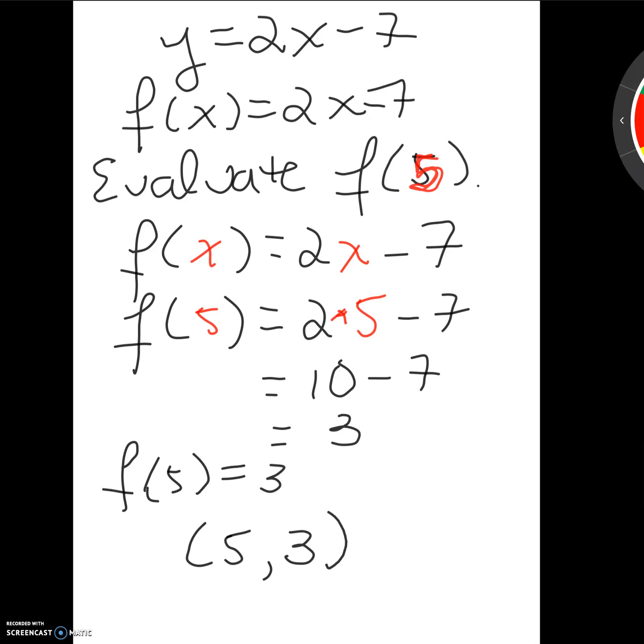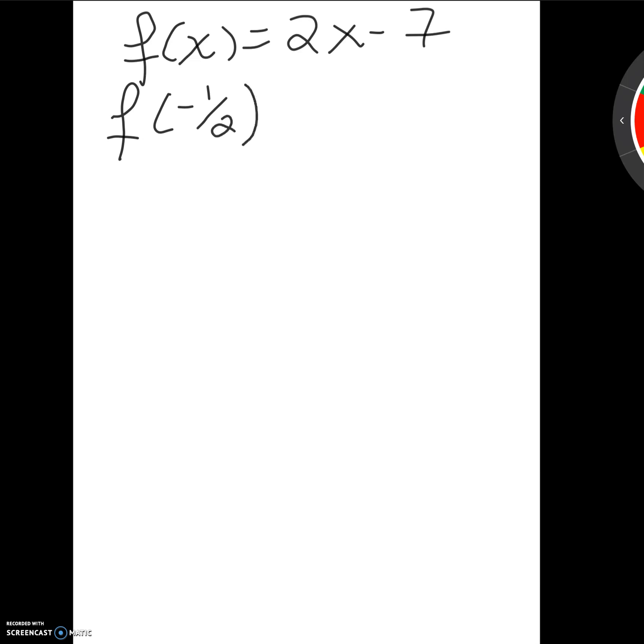Let's go back to f of x is equal to 2x minus 7. Let's find f of negative 1/2. And again, every time I see an x, I want to substitute in a negative 1/2 for that x.